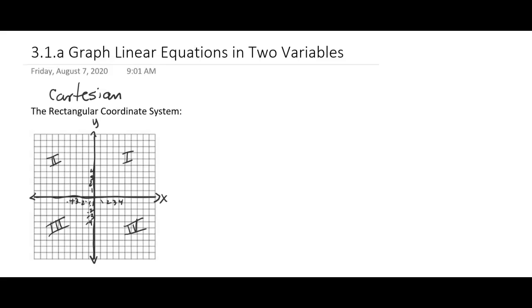Okay, so what we can do in a Cartesian coordinate or a rectangular coordinate system is we can graph what's called an ordered pair. And so this is how it's written. We'll graph (3, 5).